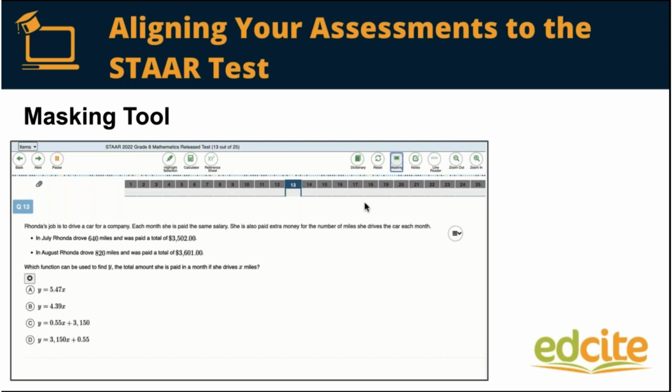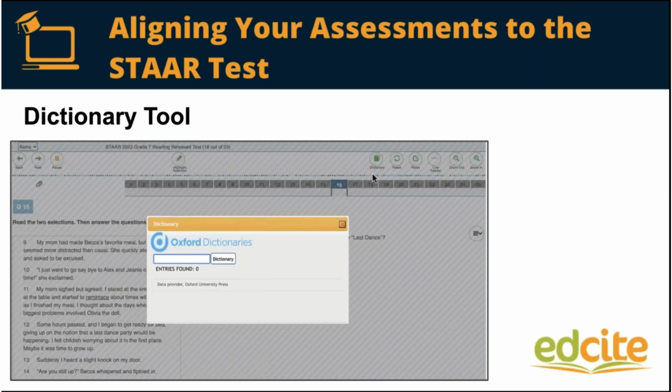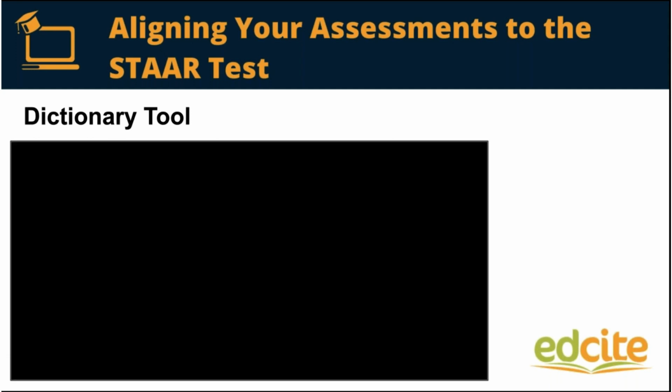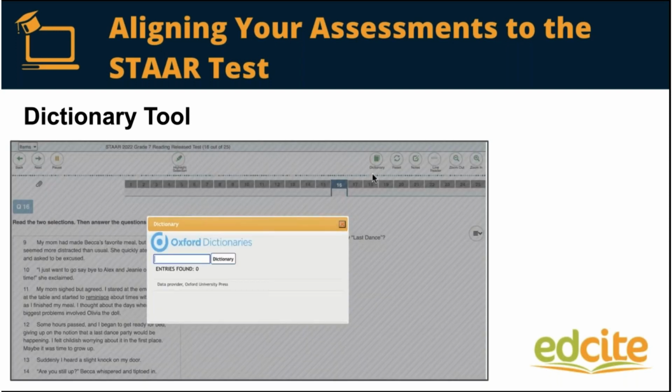And that's something you might want to explicitly go through with your students. The dictionary tool, this is a good one to make sure students know how to use. So making sure they know where that is up in their top navigation, and giving them practice with, if I don't know this word, popping up to the dictionary, pulling it up, and helping that inform my responses.